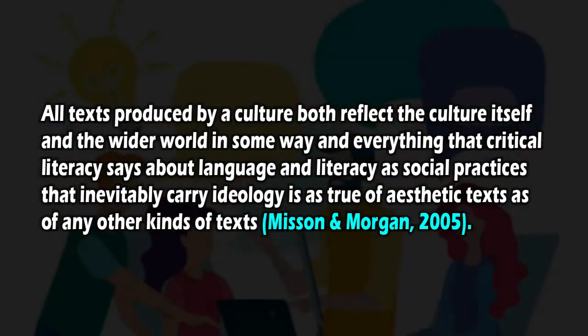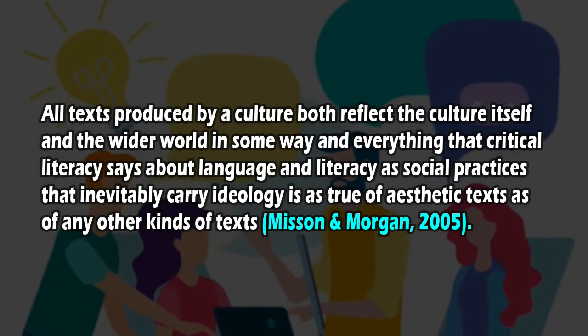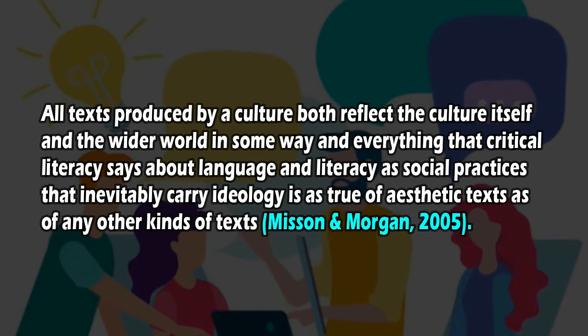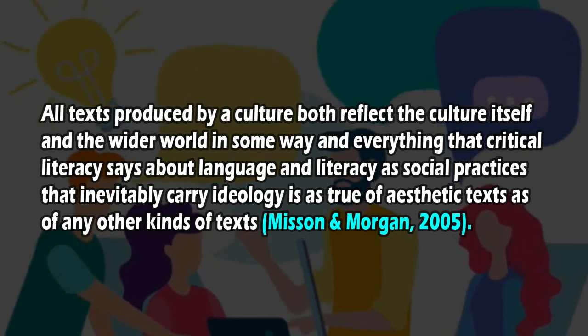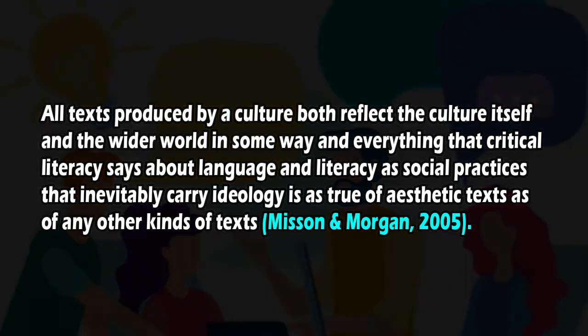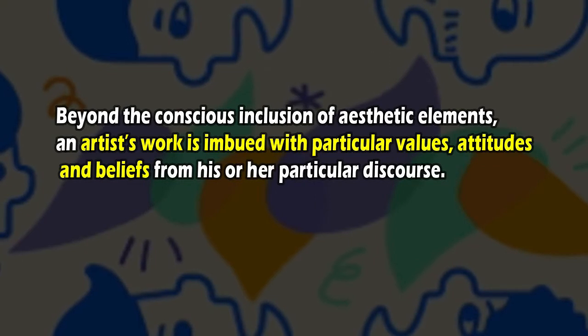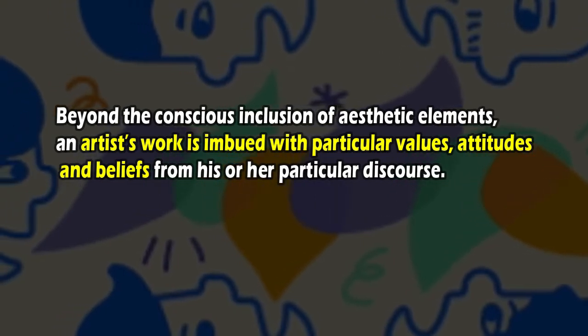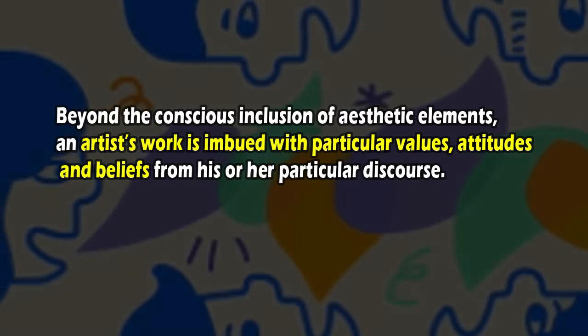And everything that critical literacy says about language and literacy as social practices that inevitably carry ideology is as true of aesthetic texts as of any other kinds of texts. Beyond the conscious inclusion of aesthetic elements, an artist's work is imbued with particular values, attitudes, and beliefs from his or her particular discourse.